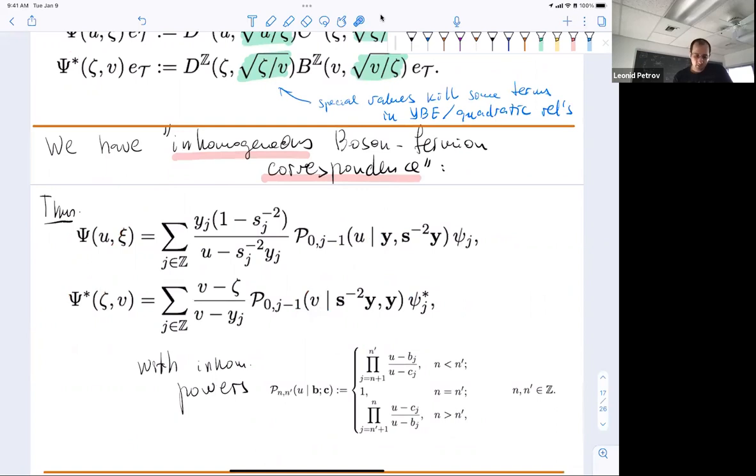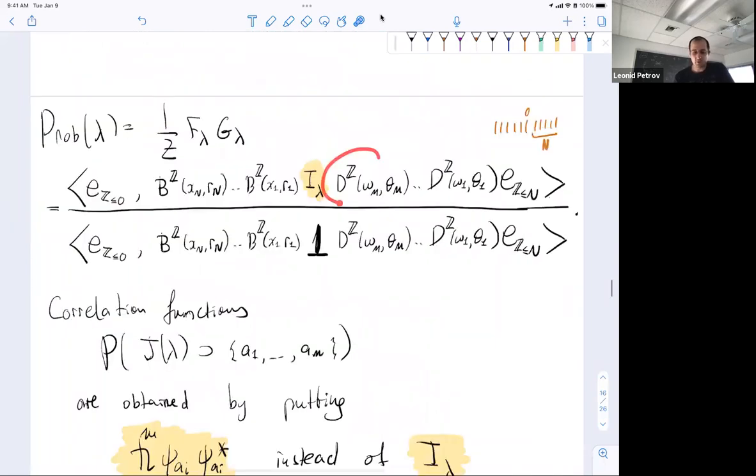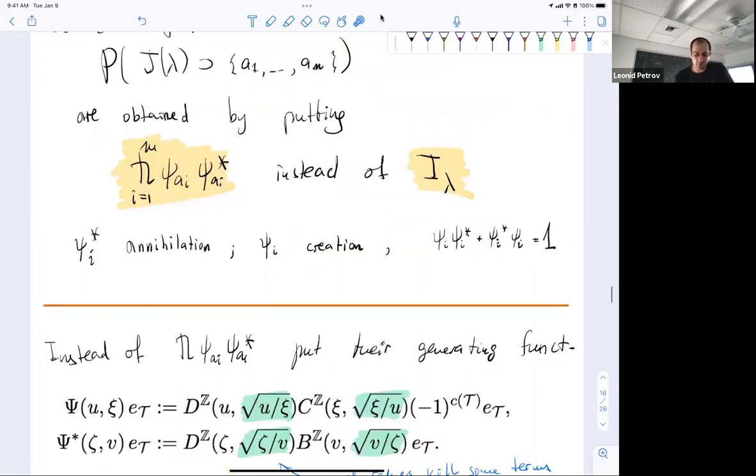And in this case, I can take these operators, and these operators nicely commute with this D and B. Why do they nicely commute? Because psi and psi star are themselves D and B operators.